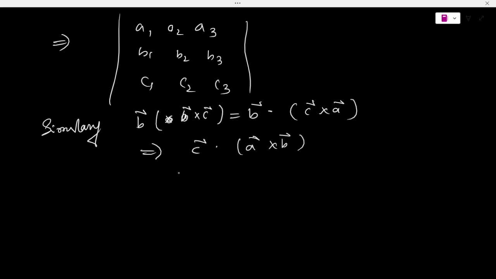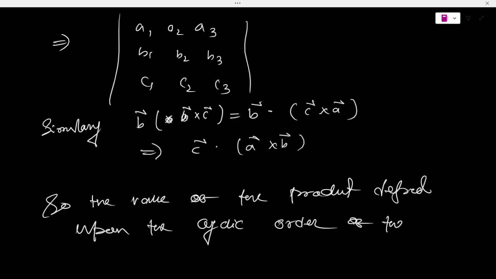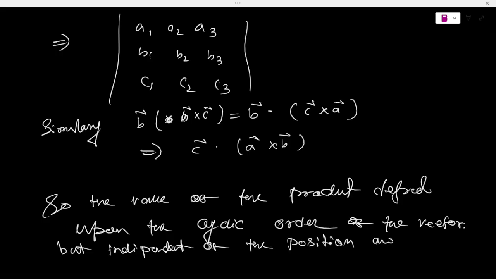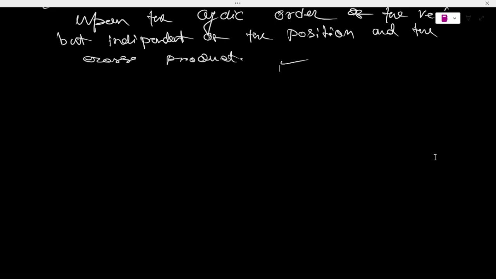So the value of the product depends upon the cyclic order of the vectors, but it is independent of the position of the dot and the cross product.